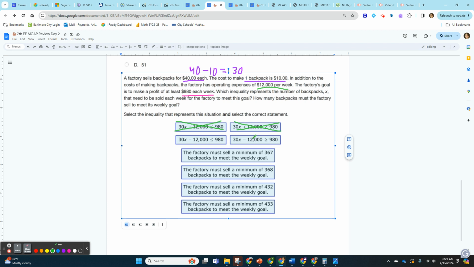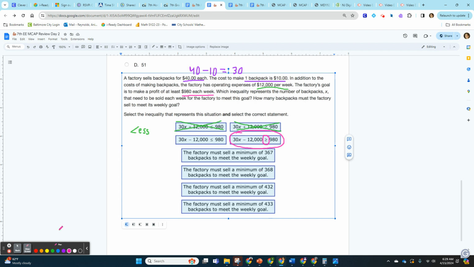Now, the only difference between these is the sign. Remember, this is my less than sign because it's a smushed L. And would I want my profit to be greater than or less than the amount I want to make? I want it to be greater than. So that's why it's really important to remember your symbols and not memorize the direction, because this is my greater than, and this would make my profit greater than what I'm trying to make.